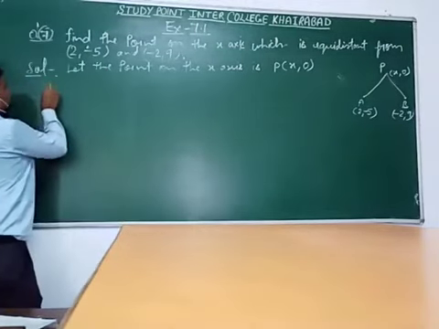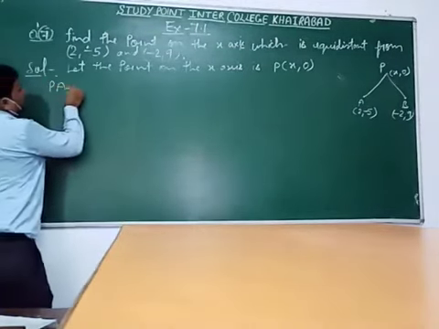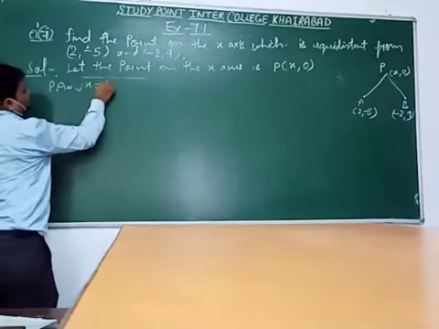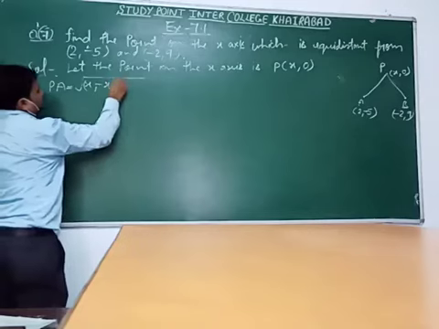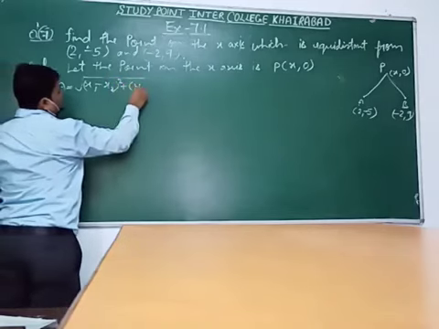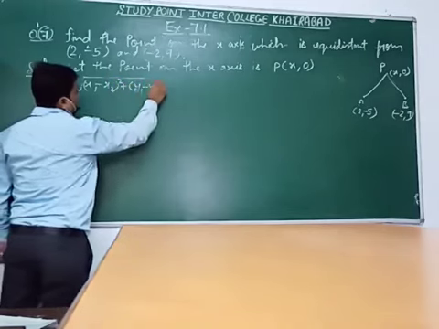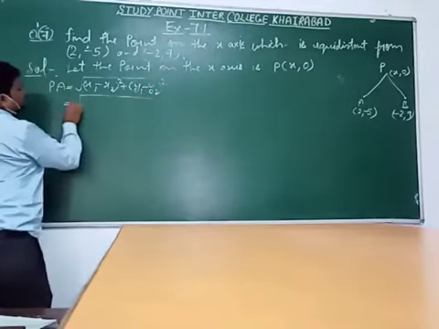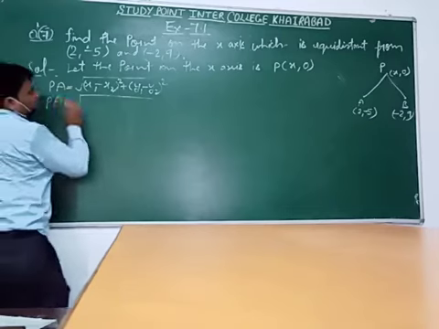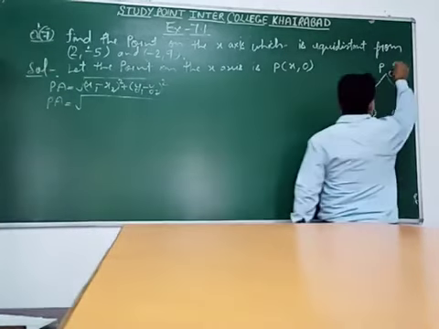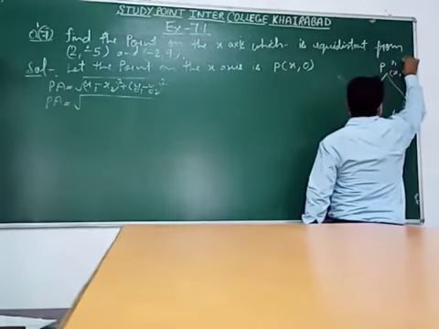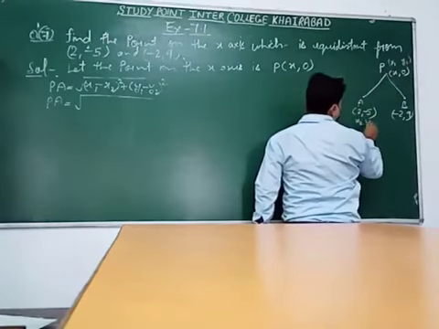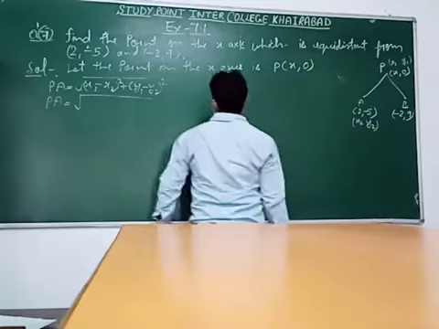PA equals under root (x1 minus x2) whole square plus (y1 minus y2) whole square. Mark x1, y1 and x2, y2.